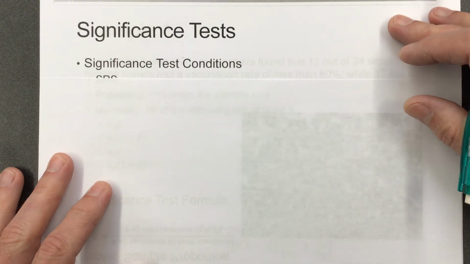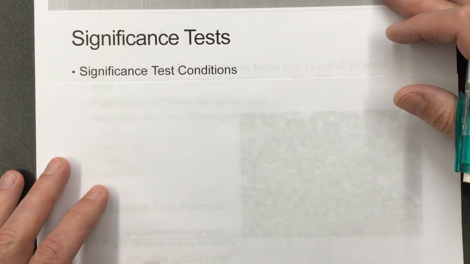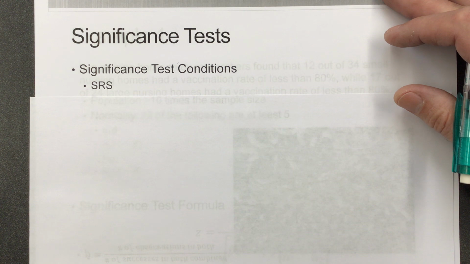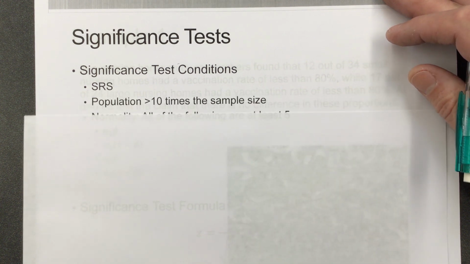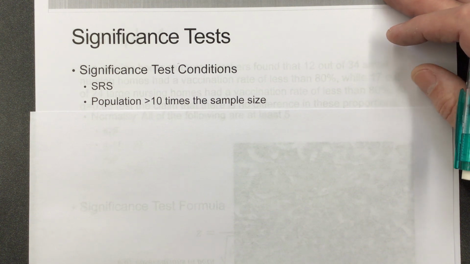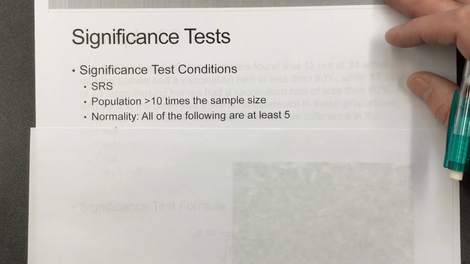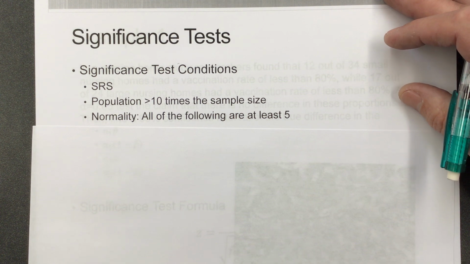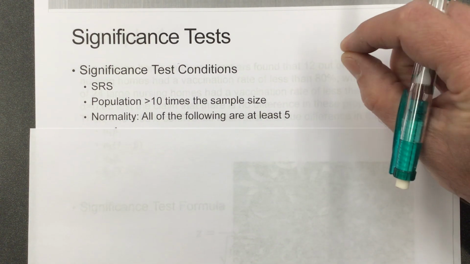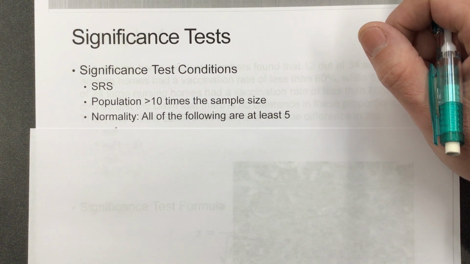Significance tests also need to be validated. Our conditions, again: good unbiased data, so some type of random sampling. And again, each population needs to be at least 10 times the size of the sample. And for normality, our book goes with all of the following expected counts at least 5. Notice for the confidence interval, it's observed counts.